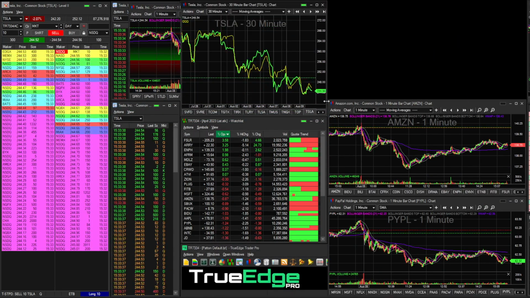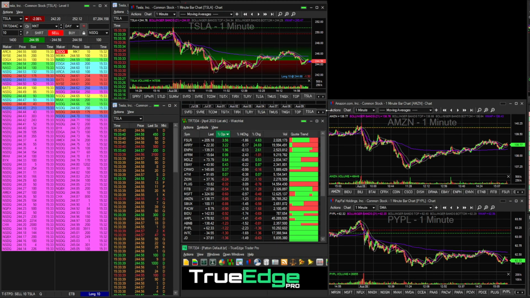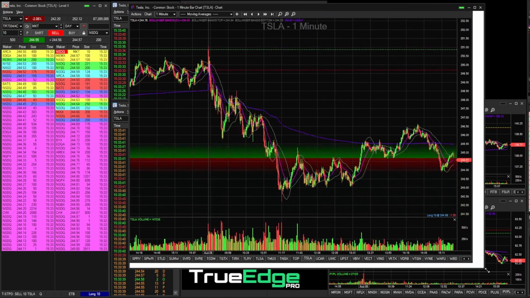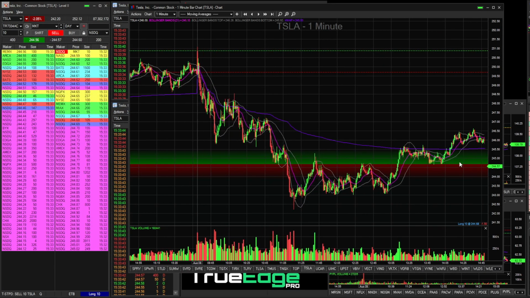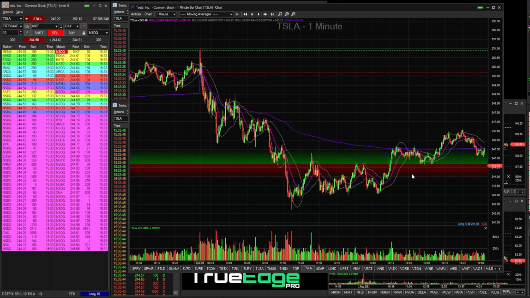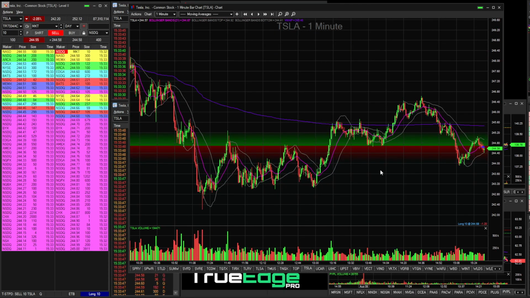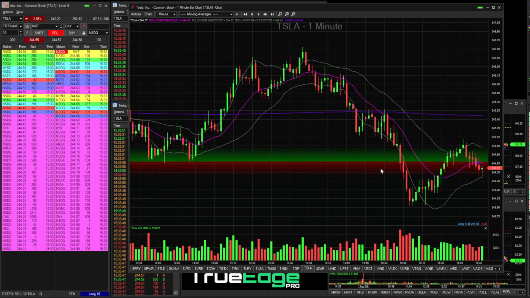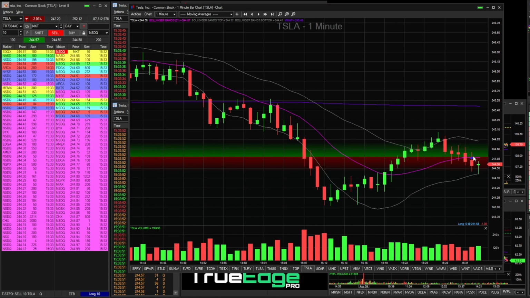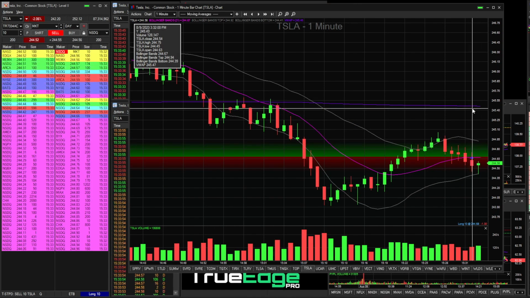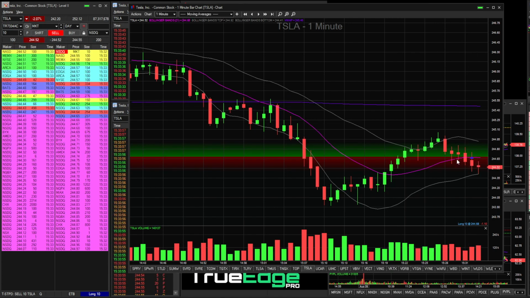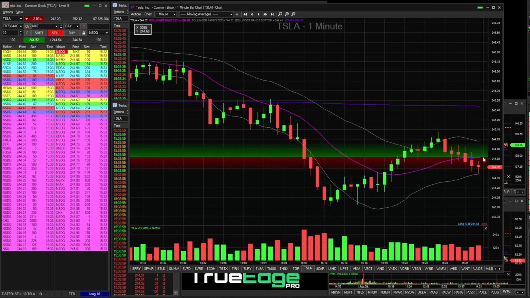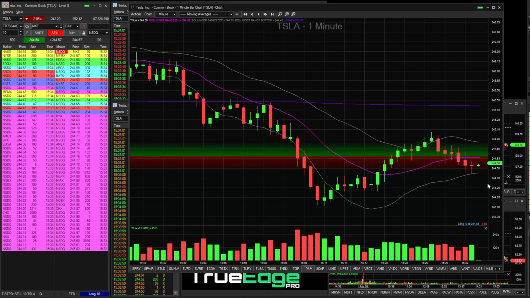This is showing me the position on the chart, and anything in green, which is above. Basically, if the price of the stock is up here in the green, that means I'm making money. If it's in red, down below this, I'm losing money. That's the settings that I have on the chart.